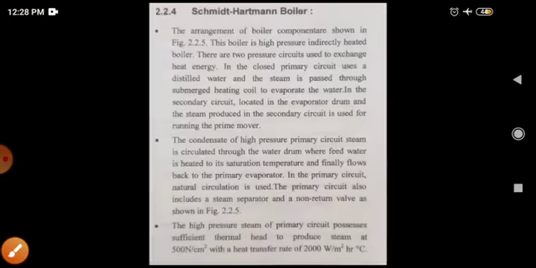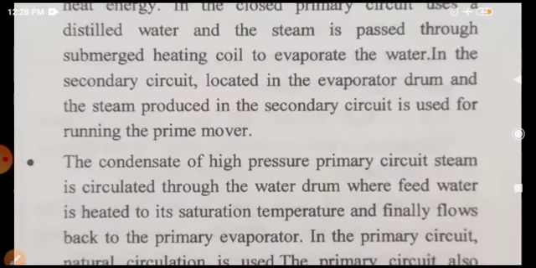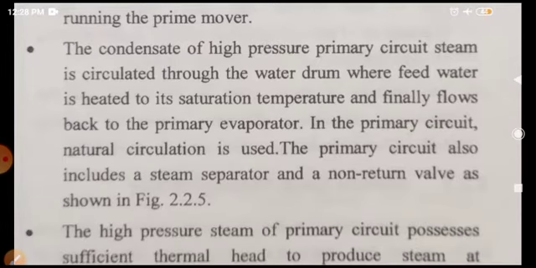Let's see what else is given. The closed primary circuit uses distilled water, and the steam is passed through a submerged heating coil to evaporate the water. The secondary circuit is located in the evaporator drum, and the steam produced in the secondary circuit is used for running the prime mover. The condensate of the high pressure primary circuit steam is circulated through the water drum, where feed water is heated to its saturation temperature, and finally flows back to the primary evaporator.